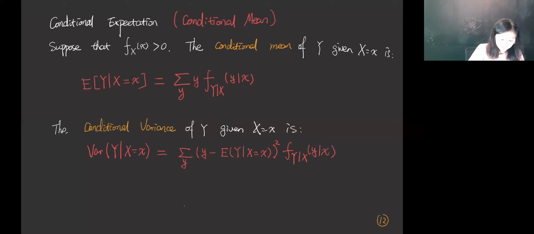It's important to note that this mean considered here is a conditional mean. This is the conditional variance of y given x equals little x. Similarly, we can also define the conditional standard deviation of y given x equals little x, and that is nothing but the square root of the conditional variance.